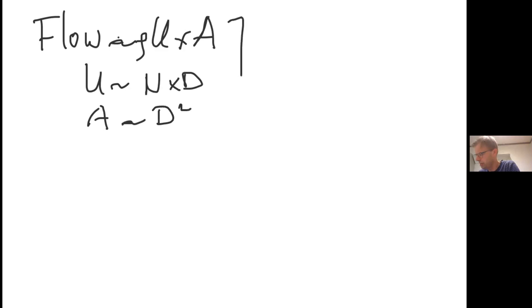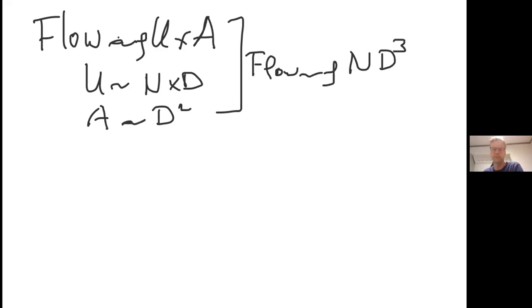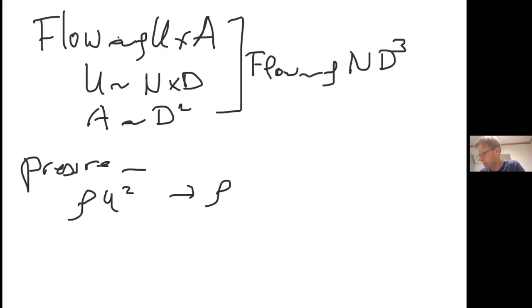So if we combine this together, the flow scales with rho n d cubed. So if your pressure, well, that scales with rho U squared. So if you do it like that, that scales with rho n squared d squared.